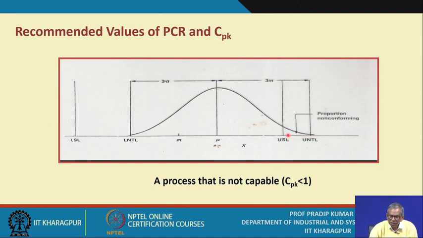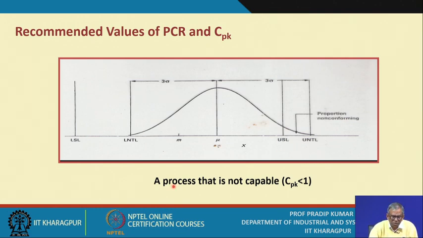So, suppose this is 10% or 15%, is it okay? Proportion non-conforming. What do you conclude about the process performance? You say the process performance is not at all acceptable, is it okay? Even if you control it within 3%, in many cases 3% non-conforming, its cost implication could be very, very serious, very high. So, it may not be acceptable to you, is it okay?